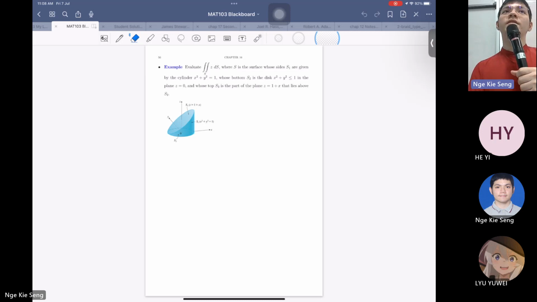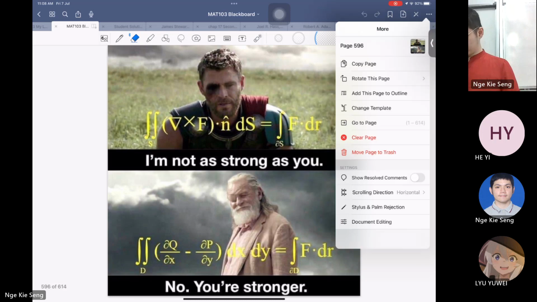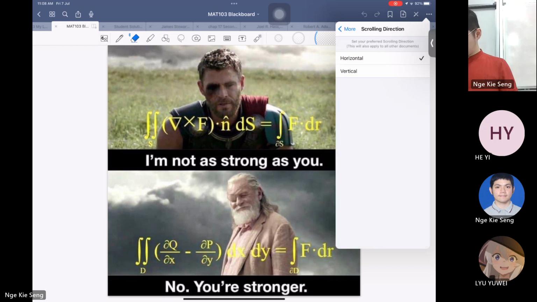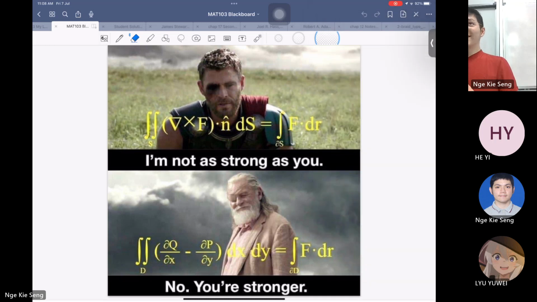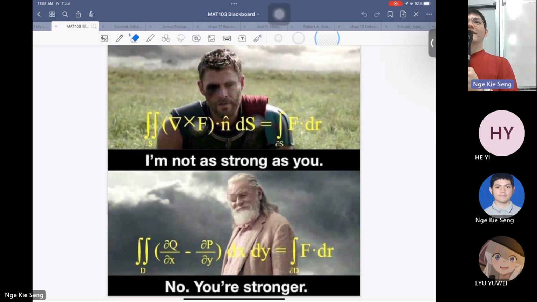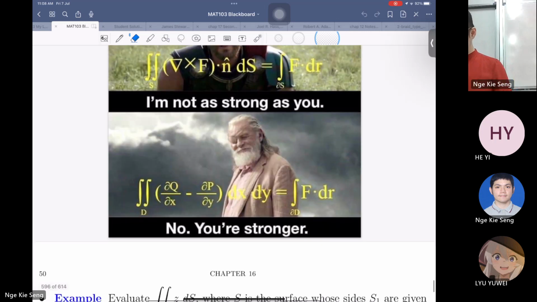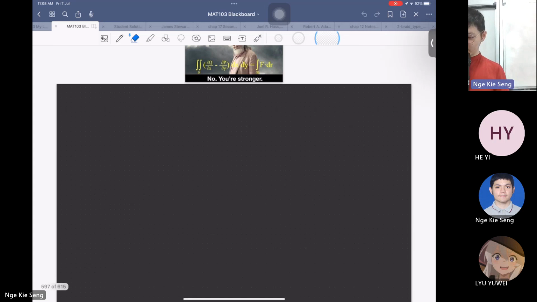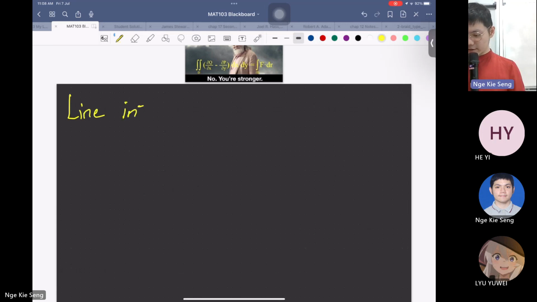Let me write something down. So let's recall a bit. What do you need for a line integral?